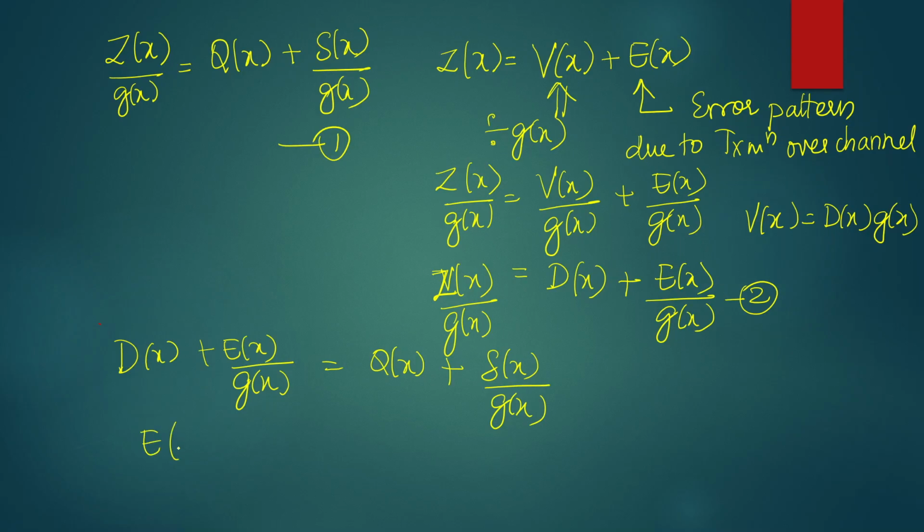So I can find out the error pattern. If you rearrange the terms, you will obtain something like this: q of x plus d of x multiplied by the generator polynomial plus s of x.